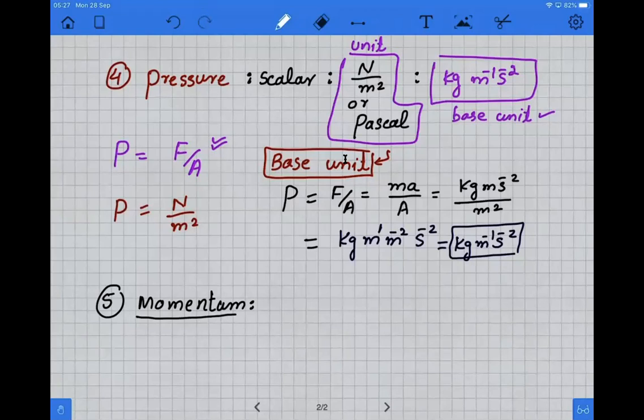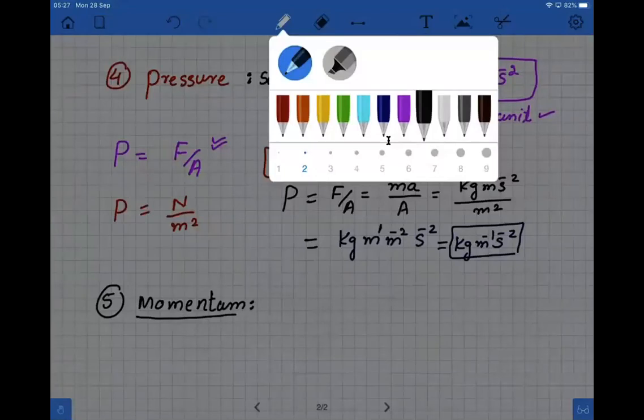Basically, heavier objects moving faster will cause more damage.